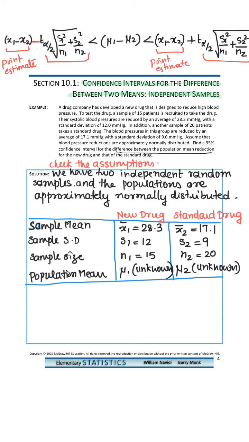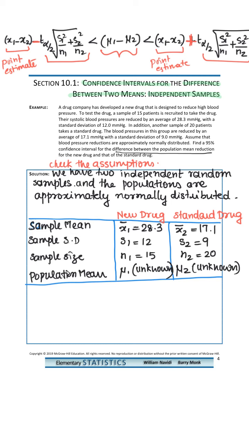Here we are subtracting, and here we are adding. Then we can construct the confidence interval for the difference of two means. So I'm going to write down the step-by-step procedure. Compute the point estimate. If you want everything at once, using this formula, you can do that too.